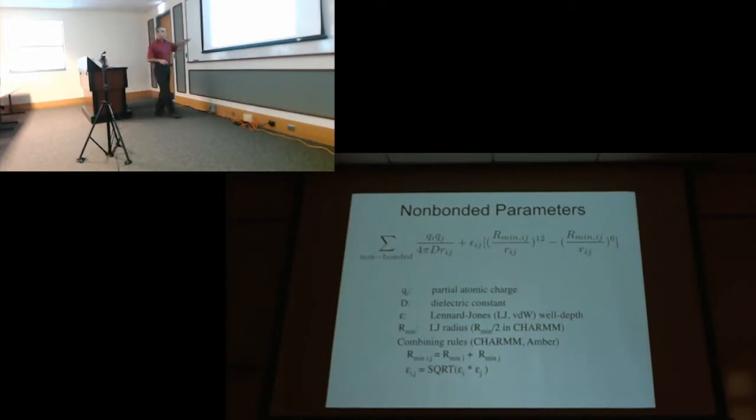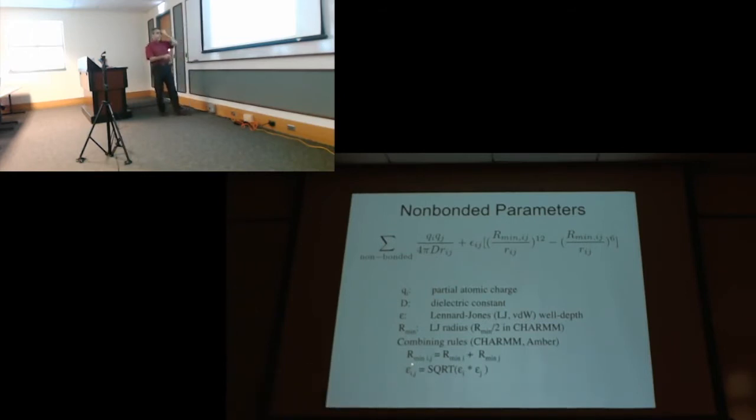For the non-bonded part, these are all pair interactions and pretty simple, so we are going to define epsilon and R min for individual atoms, I or J. And then we are going to use a combining rule to get the pair parameters.